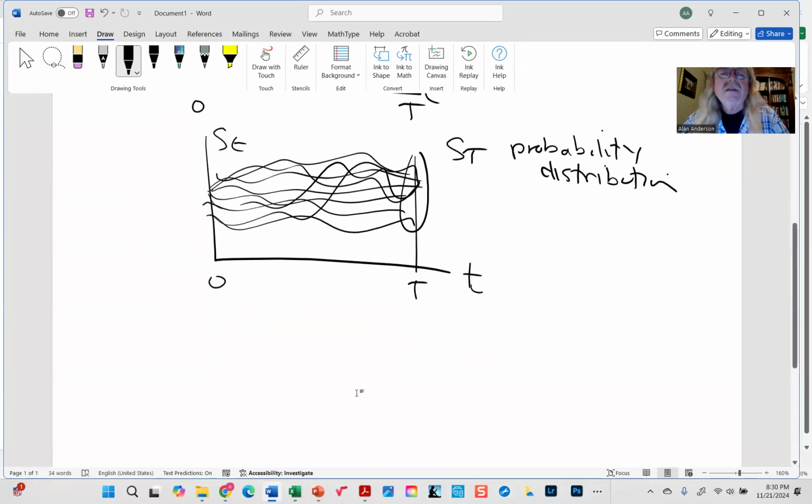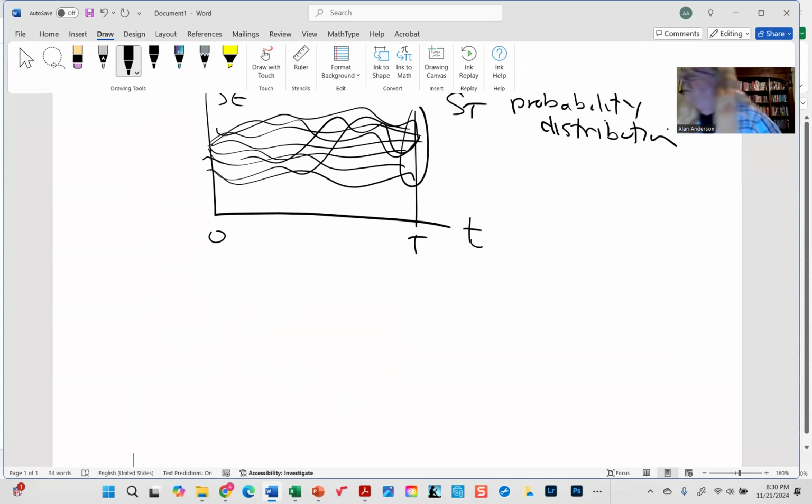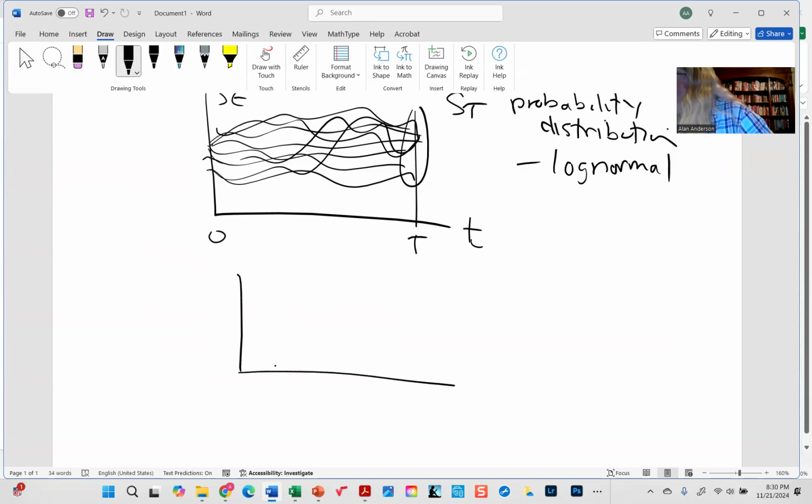Because of the assumptions of the Black-Scholes model, that probability distribution is lognormal. So it should look something like this. And the center, let's say it's here, is the number that we're looking for.